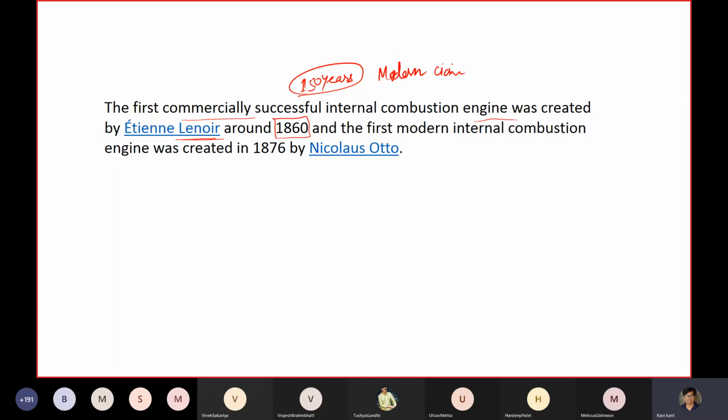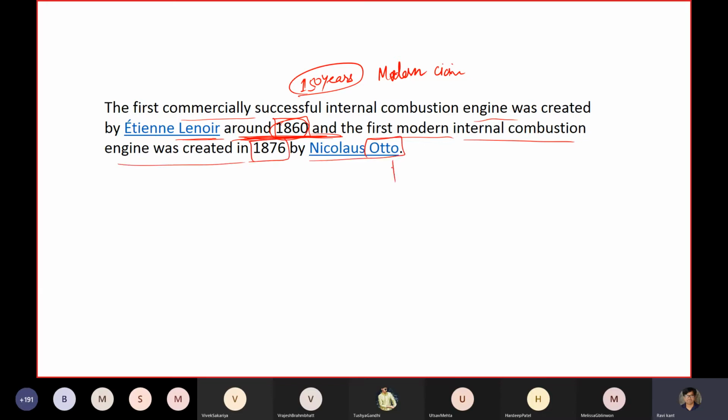You can transport things in no time, right? Before that, things were so time consuming, but after this point of time, things were revolutionized. And the first modern internal combustion engine was created in 1876 by Nicholas Otto.